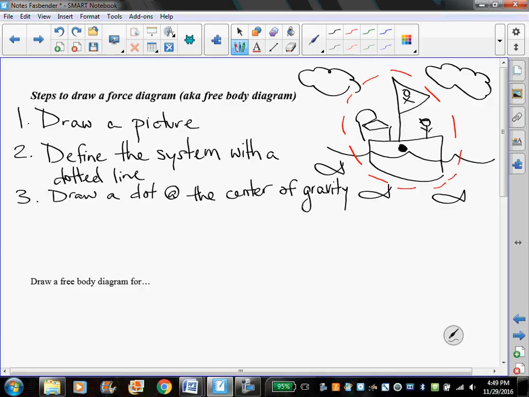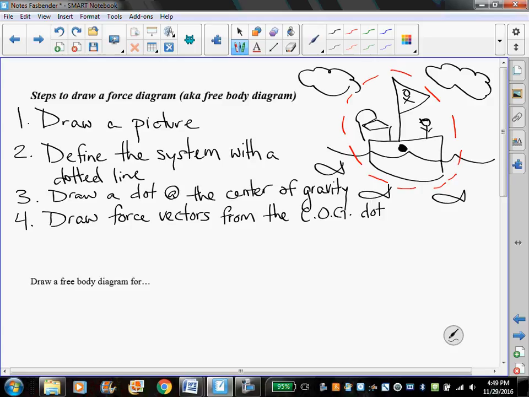Wouldn't that make it so much simpler to think about the forces? So that's what we'll do. And from that dot, we will draw force vectors. And we're drawing them from the center of gravity dot.